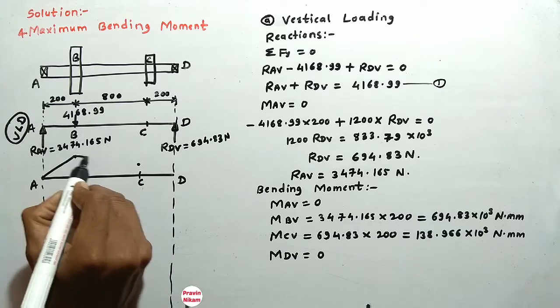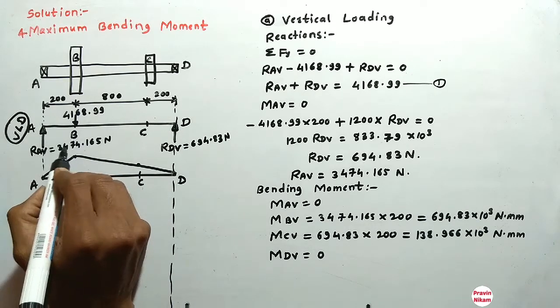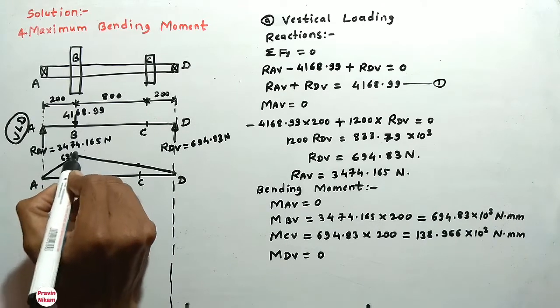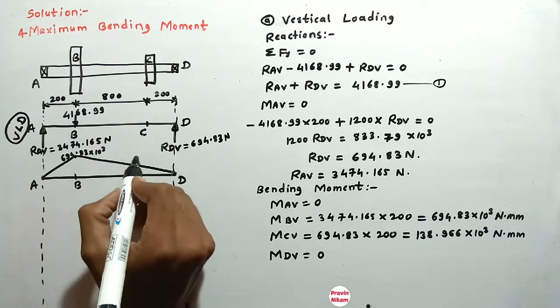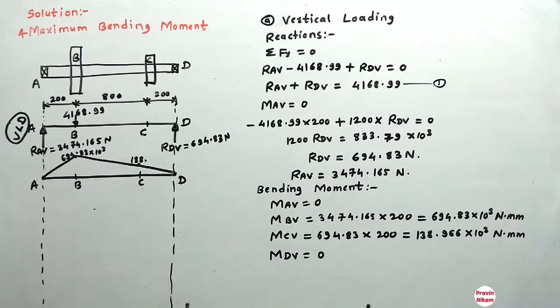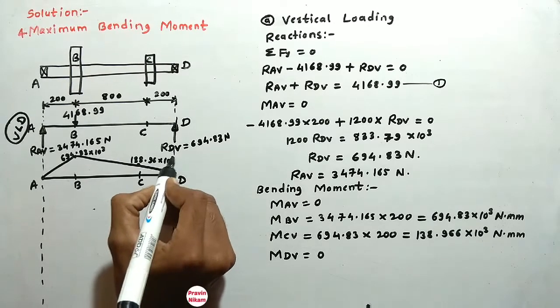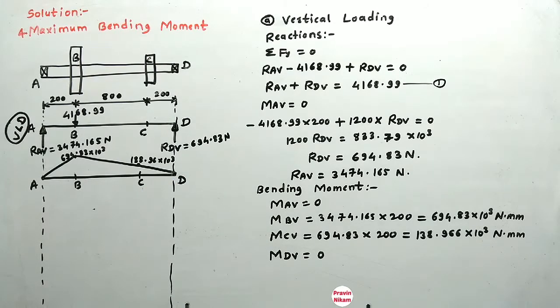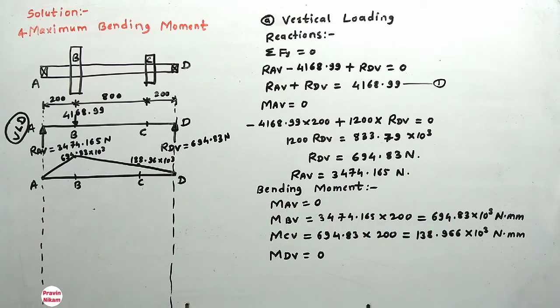Let us join, and MDV is again 0. So these are the bending moments for vertical loading.